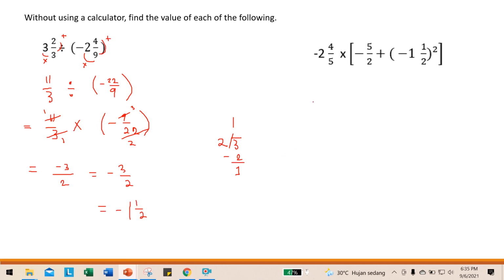Negative 2 and 4 out of 5 times, open bracket, negative 5 out of 2 plus, open bracket, negative 1.5 squared, close bracket. So to solve the question here, you must solve the innermost bracket first. So negative 1 and 1 out of 2 is negative 3 out of 2, squared.